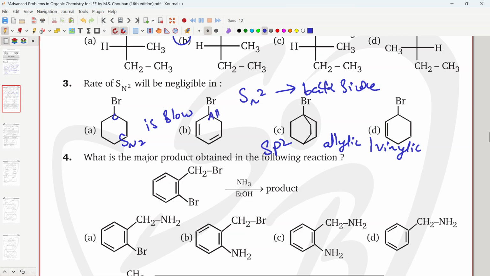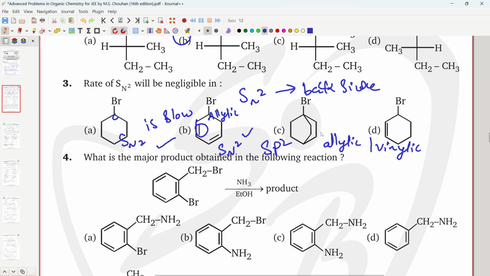Now we have allyl bromide, where the Br-bearing carbon is adjacent to the double bond. Allylic halides generally undergo SN2 quite readily because the transition state is resonance stabilized. So SN2 is possible. Now this is the bridgehead halide, or norbornyl-type system.